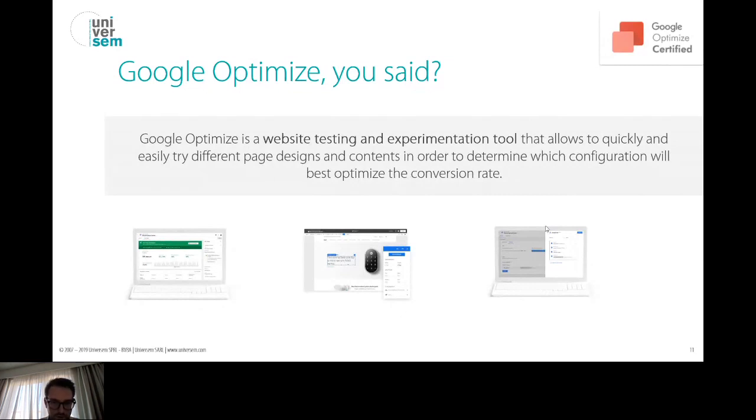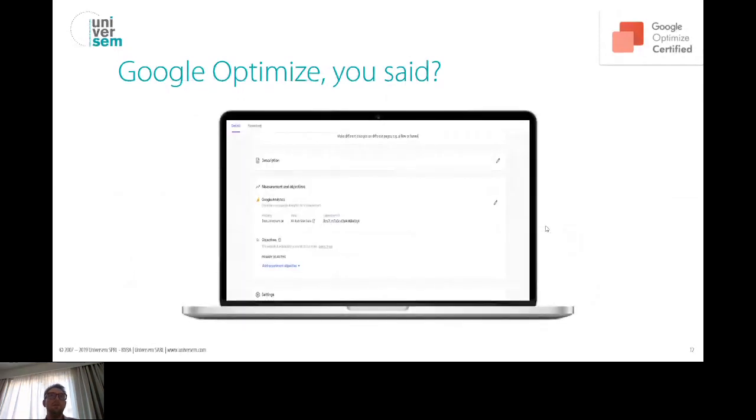You have almost no risk, and it's quite fun to do. So it's a web testing and experimentation tool developed by Google. So you have a lot of reliability, and the good thing with that is you have a direct link with the other Google products. So for example, Google Analytics, Google Ads, and so on.